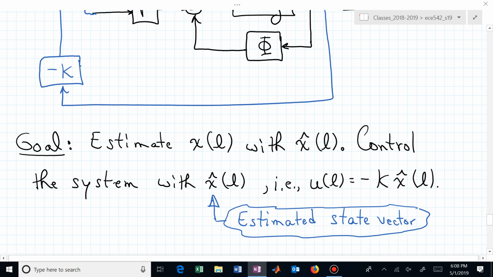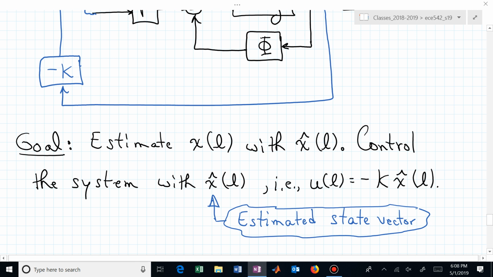You'll have to essentially look at your system that you're playing with and say, what can I tolerate, or how can I push my system in terms of performance or behavior based on my estimator dynamics or observer dynamics and the full state feedback dynamics. So I can't give you a definitive answer to that question.